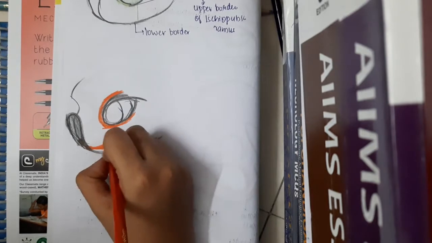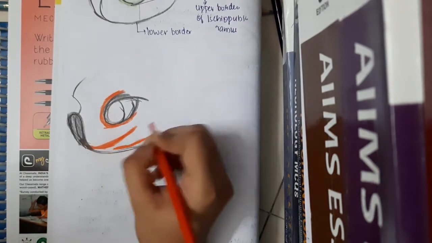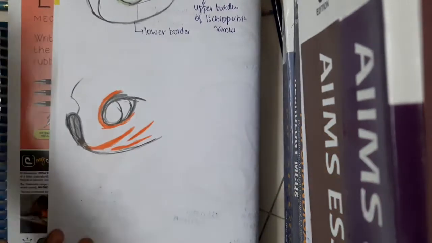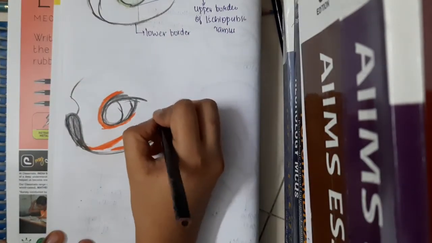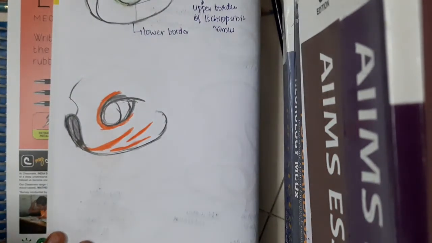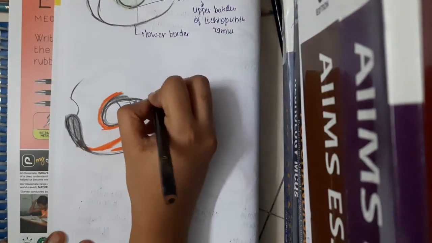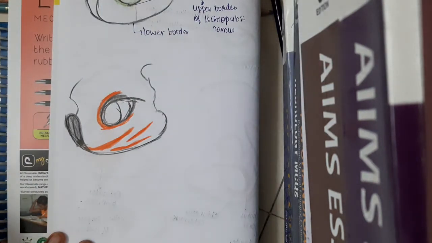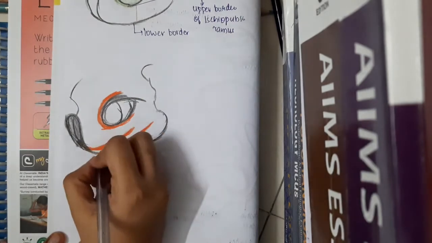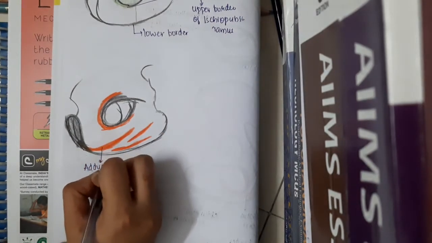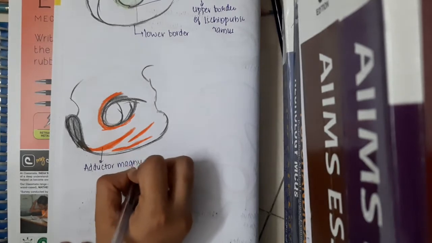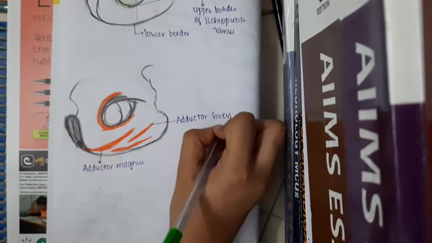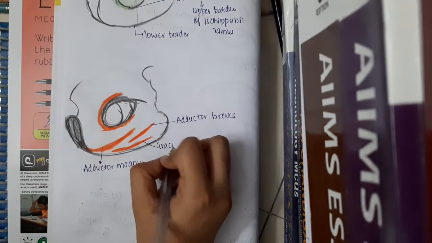Then we also have one more muscle on the ischiopubic ramus outer surface, that is gracilis, and one more which is adductor brevis. So let me just name them. This is adductor magnus, and we have adductor brevis, and this is gracilis.